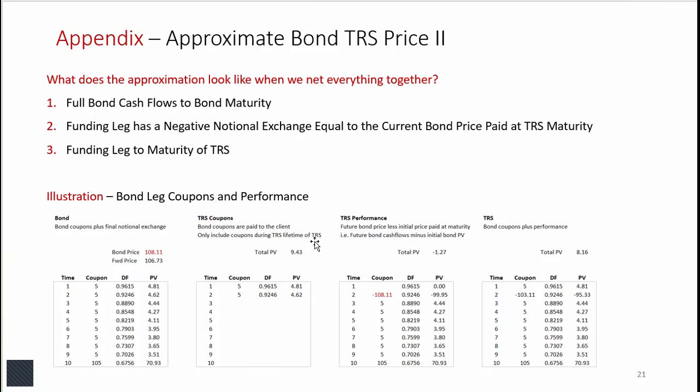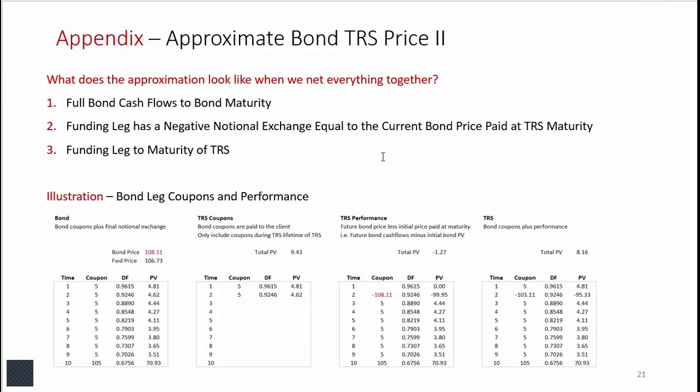Now, one thing I haven't included here is the probability of default and loss given default. But for investment grade bonds, we could assume the probability of default is close to 0. Maybe that's not a large number as an approximation. And that would give you an approximate back-of-the-envelope price of a bond TRS.